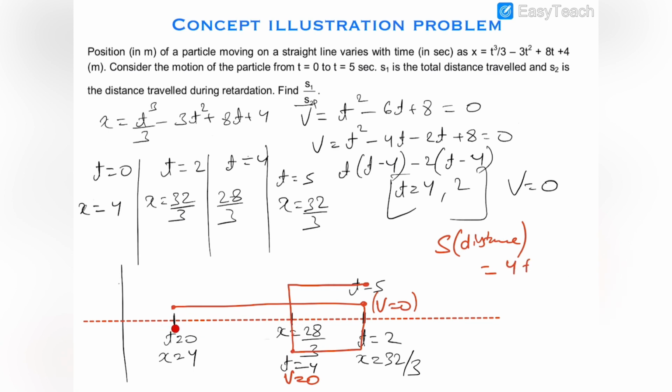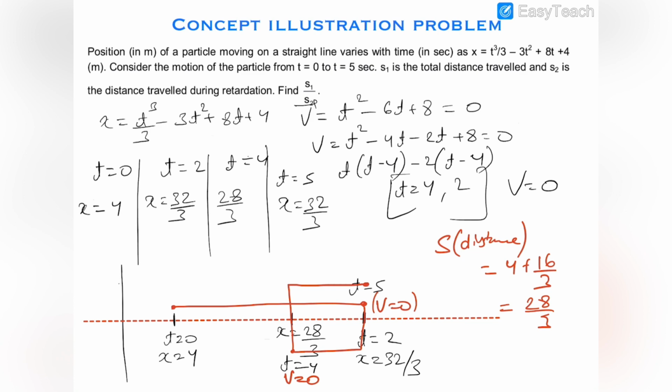So this would be equal to 28 by 3 minus 4. So 28 by 3 minus 4 would be equal to 16 by 3. Okay, so this is 16 by 3. And this is again, you can see that it is 28 by 3. So the total distance traveled is 28 by 3.